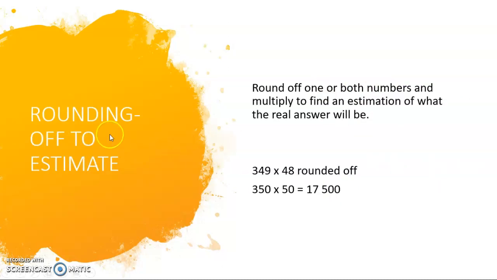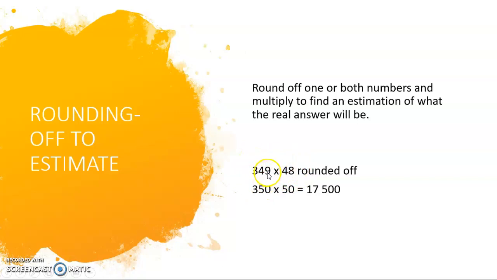Another way of doing it can be rounding off, but remember, whenever we're doing rounding off, it is only an estimation of what our answer will be, and it won't give us the exact answer. This is just for you to know more or less what your final answer should be if you multiply your original two numbers.